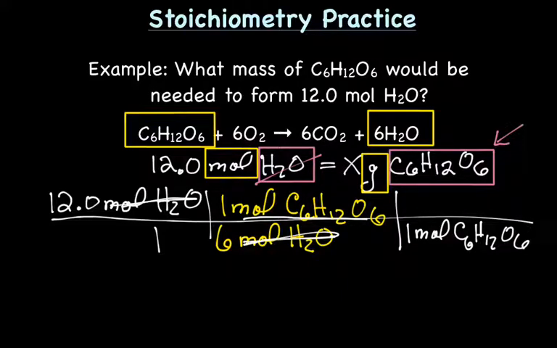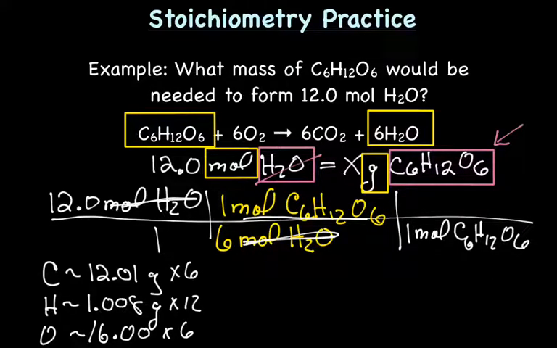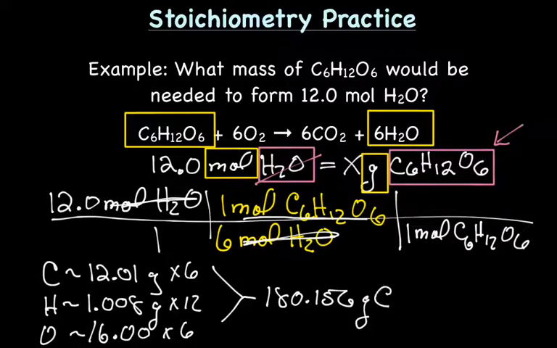So as a quick review, if you look at the periodic table, we have C is 12.01 grams, H is 1.008 grams, and O is 16.00 grams, right? And there are 6 of these, and there are 12 of these, and there are 6 of these. And when you add all that up, on my calculator I got 180.156 grams of C6H12O6.